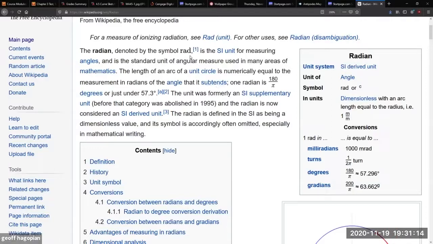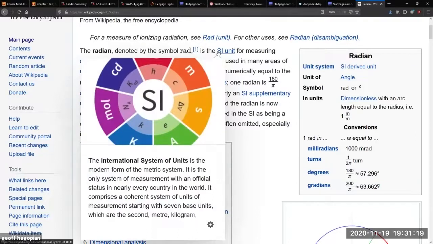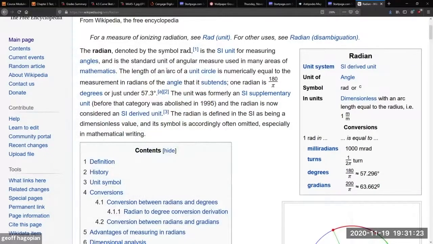So denoted by the symbol rad, it is the standard international unit, in the international system of units, for measuring angles, and is the standard unit of angular measure used in many areas of mathematics. The length of an arc of a unit circle is numerically equal. That's true. They are numerically equal to the measurement, but not actually equal, right? So it's the same number, but it's a different dimension because it's dimensionless.